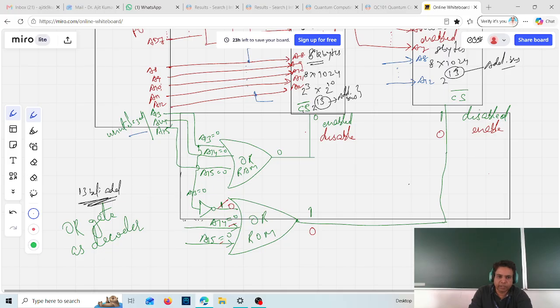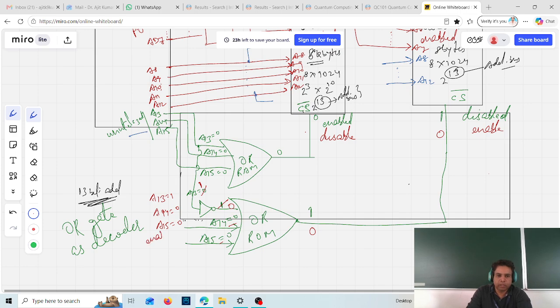Now, if this input is supposed to be 0, then A13 is supposed to be binary 1. So in that case, you have to give A13 as 1, A14 as 0, A15 as 0 to enable ROM.